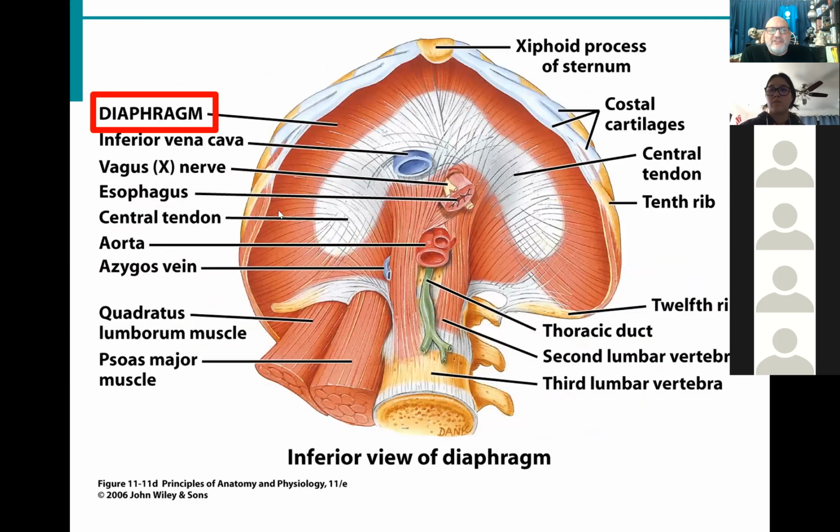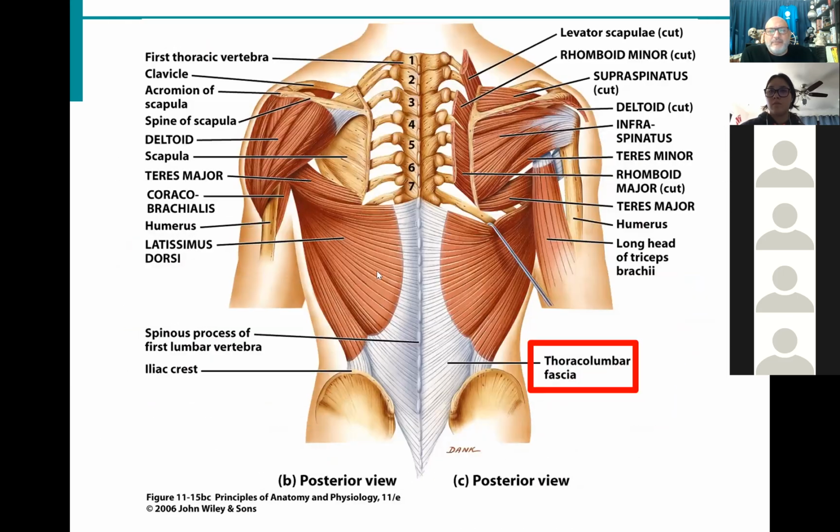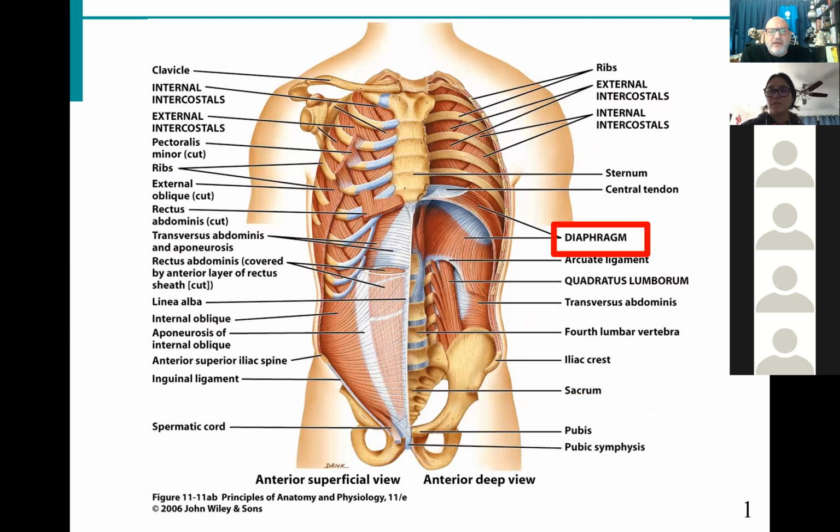The diaphragm we see nicely in this bell-shaped structure here, but notice if we go back to that deep torso view, with the torso opened up, we can actually see that bell-shaped curved diaphragm inside of the picture.